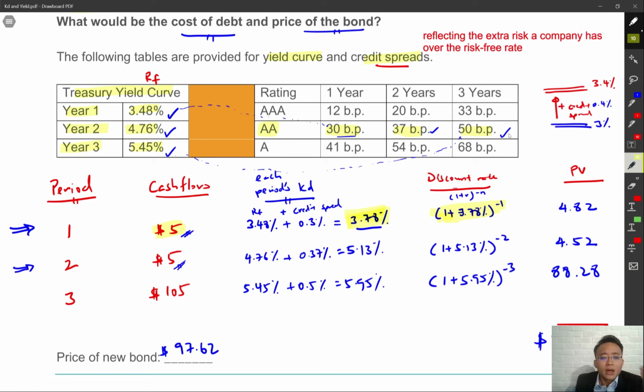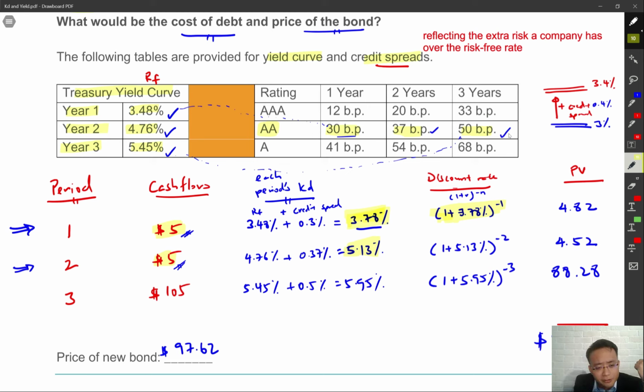Alright? For the second cash flow, which the investor has to wait 2 years to get, my dear CEO, the investor is telling us he wants 5.13%.